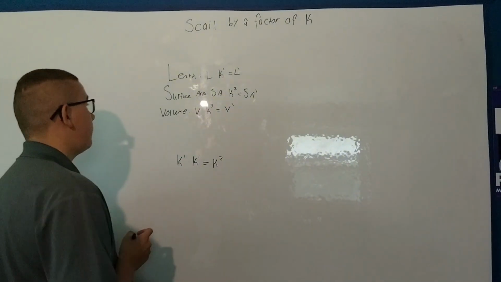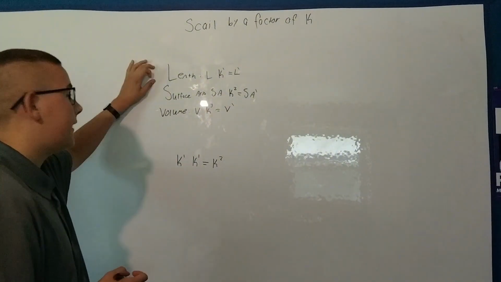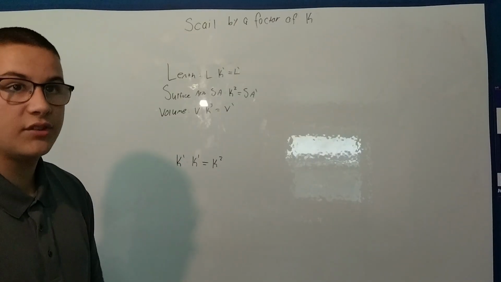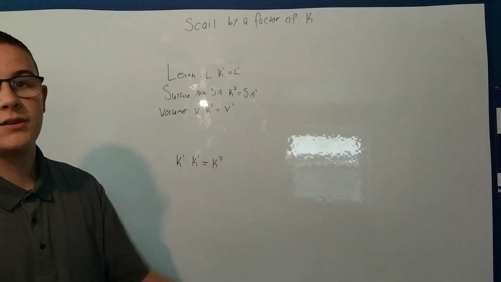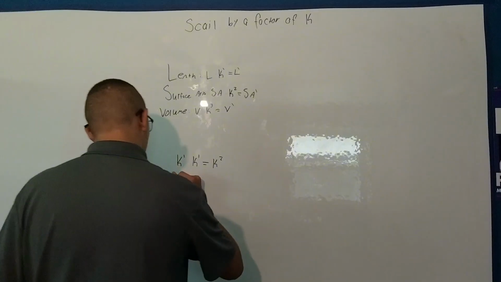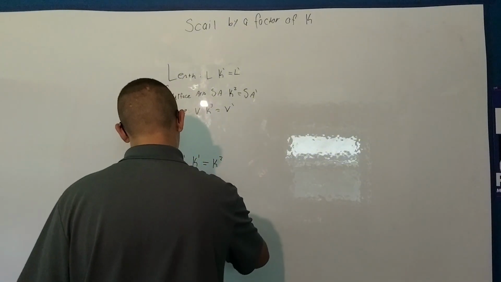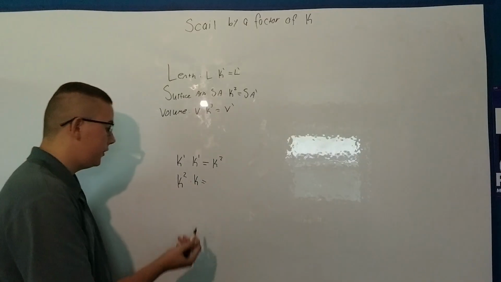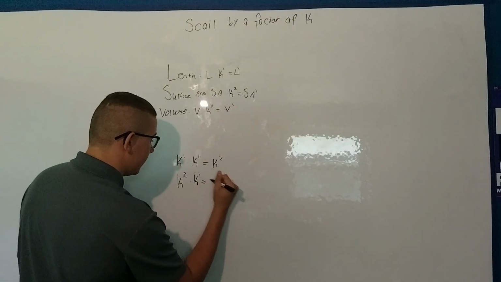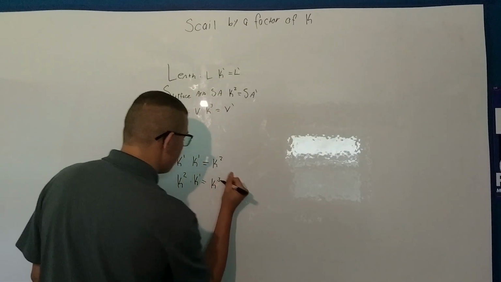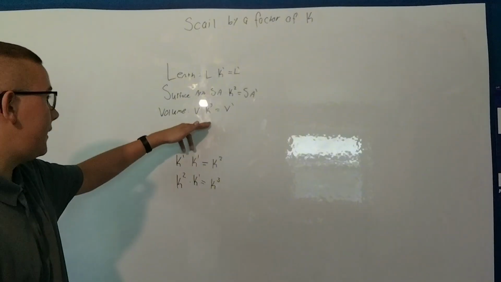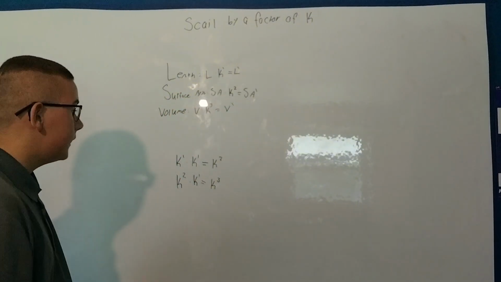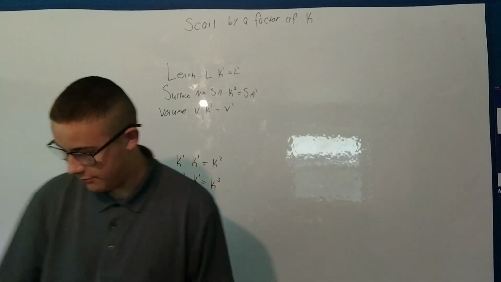Then the surface area, or one of the faces, times one of the lengths gives us the volume, right? So that would be k squared times k, and that's equal to k cubed. And that's where all of these values come from, the k squared and k cubed. Like that. So hopefully that makes sense.